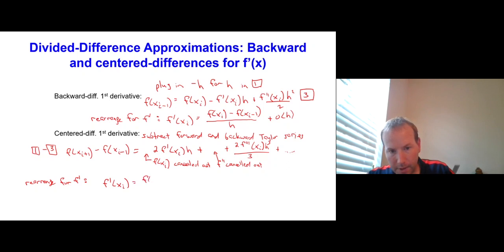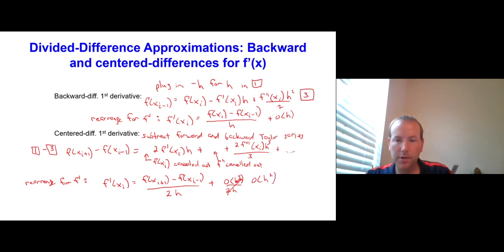Okay, and so when we do that, we're going to end up with f of xi plus 1 minus f of xi minus 1 divided by 2 times the step size h. And the error on that was on the order of h cubed divided by 2h. We had divided through by this, and so that would be on the order of h squared.